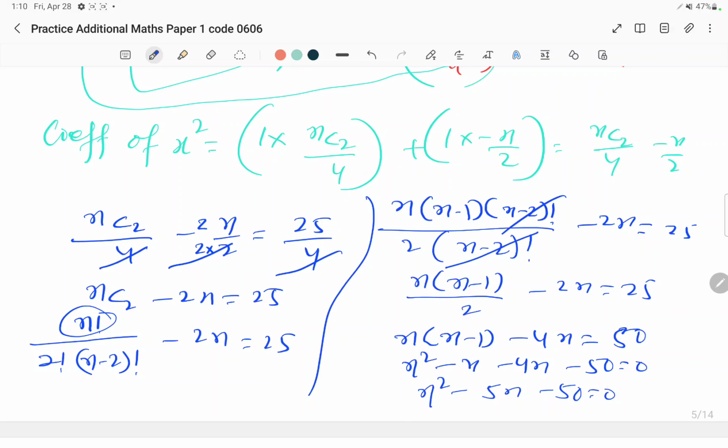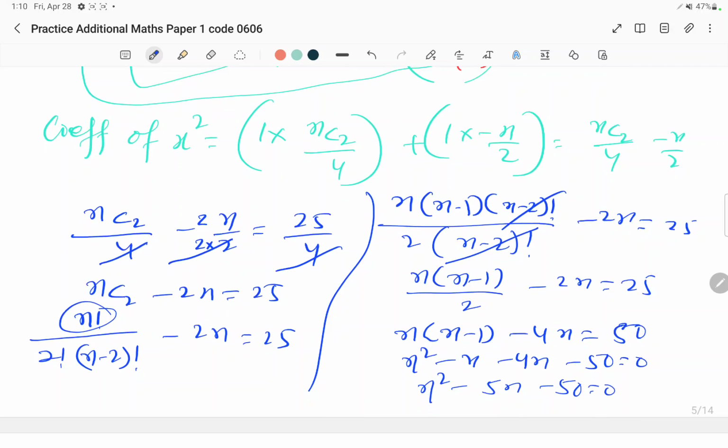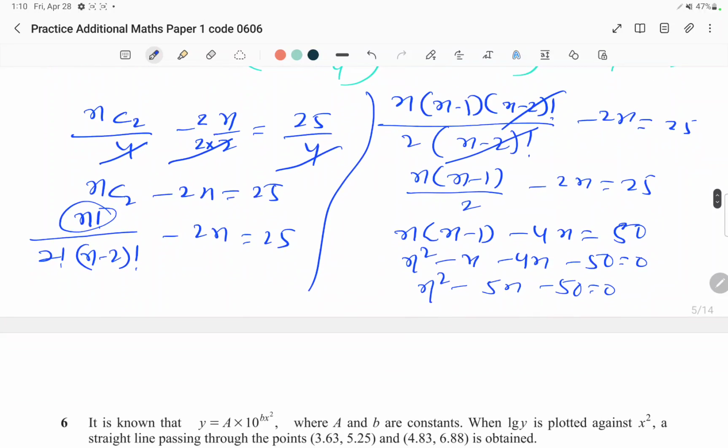So I got one quadratic equation in terms of n. And we can factorize this. Minus 50 can be written as minus 10 and 5, because if we multiply, I will get minus 50, and if I add, I get minus 5. So you can write easily n minus 10 times n plus 5.